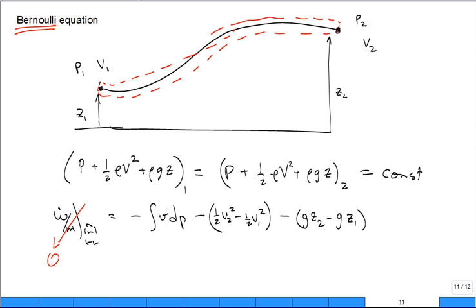Then I say it's incompressible. v comes out. What I get is v times P2 minus P1. Don't forget that minus sign. Minus, I could have written this KE2 minus KE1, minus PE2 minus PE1. All right, let's get rid of this minus sign, this minus sign, this minus sign.